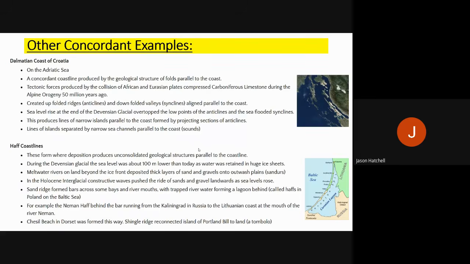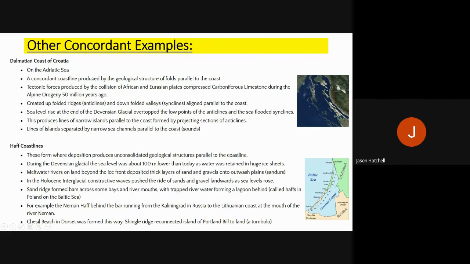And we've got other concordant examples of coastlines. And you can see in the images here on the right, we've got the Dalmatian coastline of Croatia. And on the bottom right here, we've got half coastlines, which form essentially bars along the coastline because of the sand deposits.